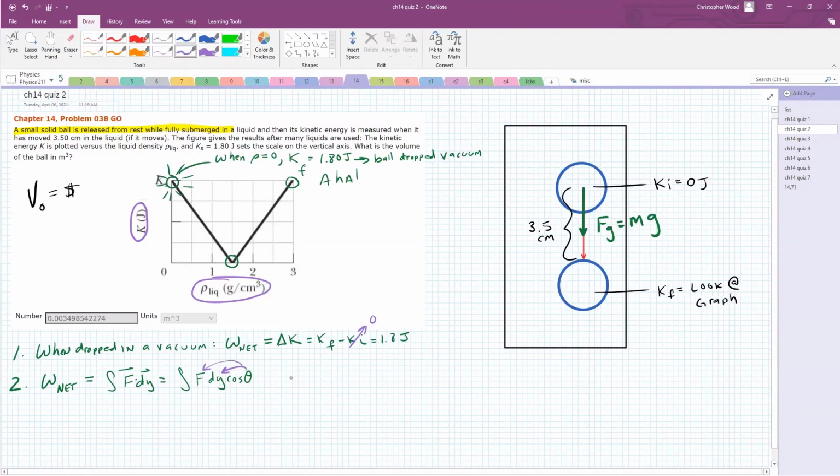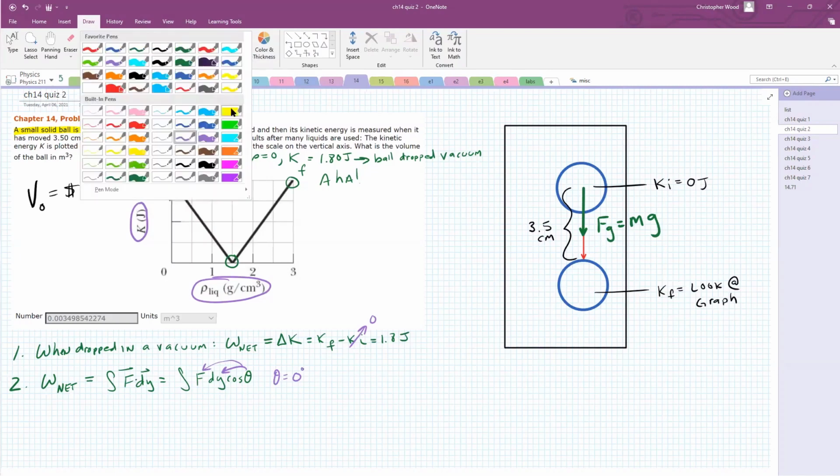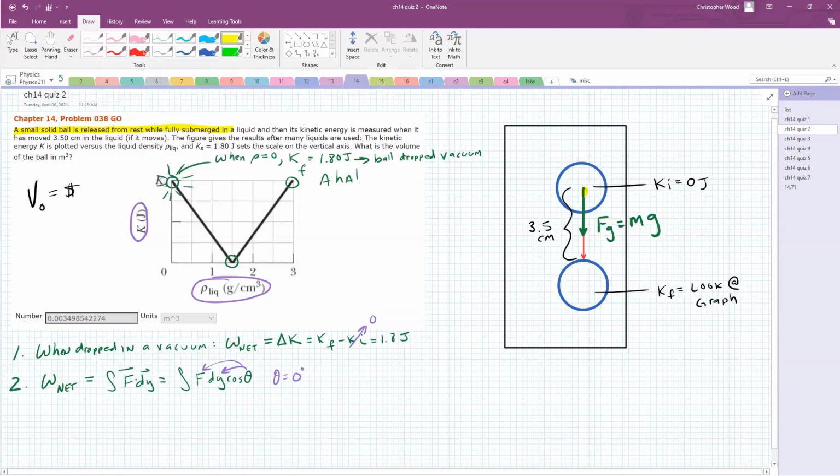So here's the question. What is theta? Theta equals 0 degrees, because I'm specifically asking what is the angle between this green force vector, which is that weight force, and this red vector right here, which is the displacement, basically my y vector. What's the angle between green and red?